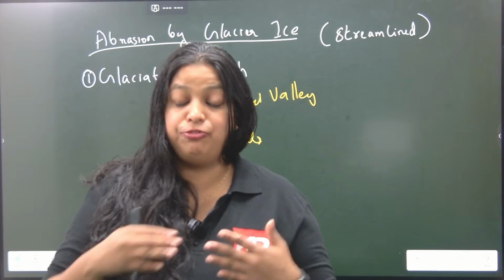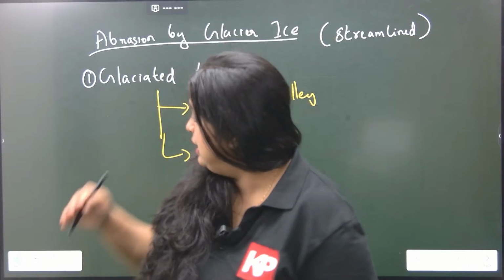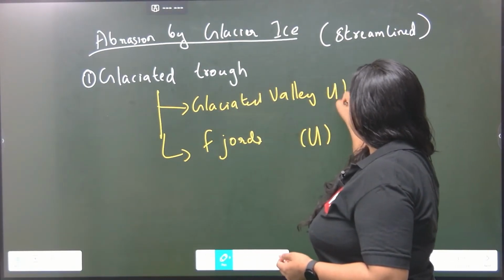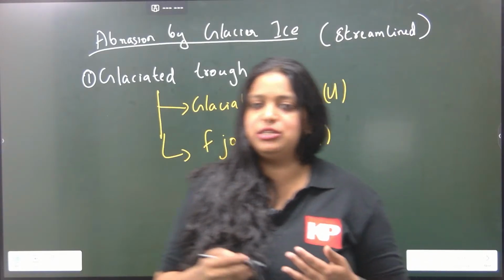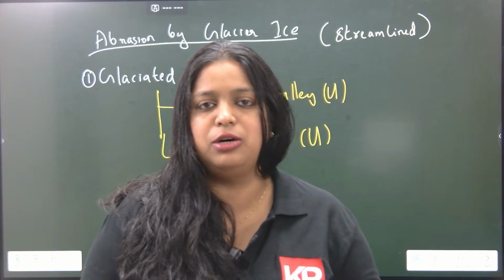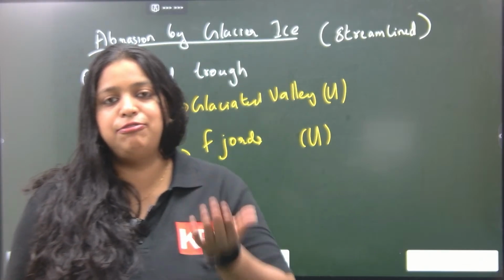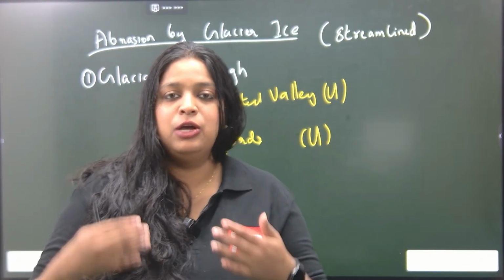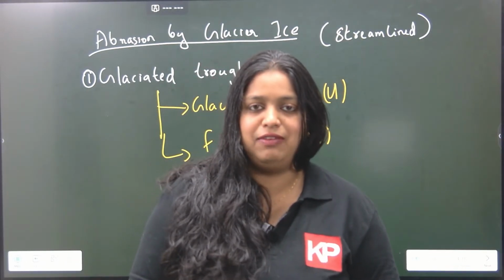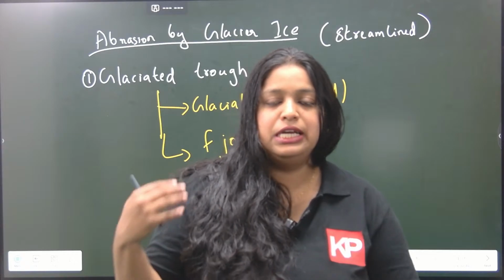Both of them are glaciated troughs. The glaciated valley terminology is associated with a landform that has a floor above the mean sea level. When it comes to fjords, their floor will be below the mean sea level. These are the two differences between glaciated valleys.